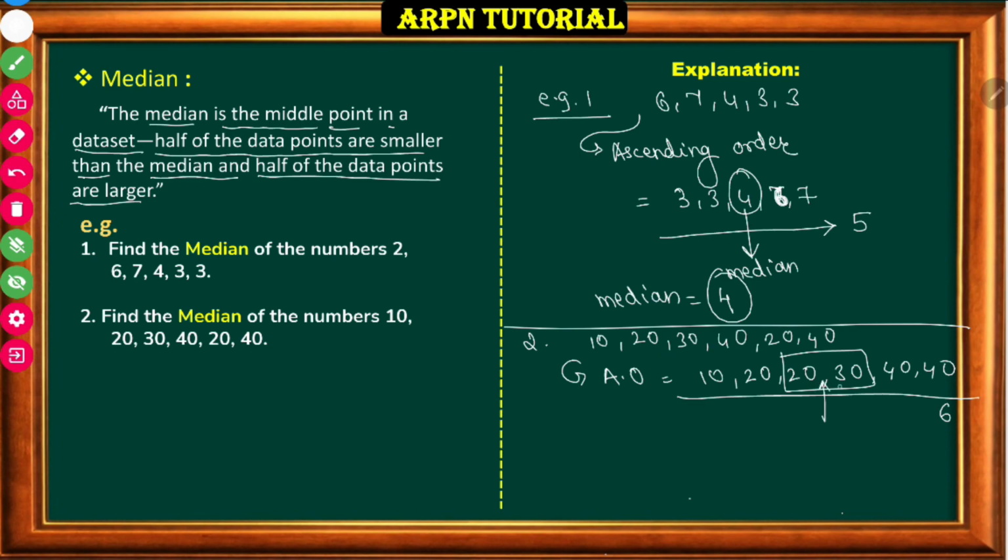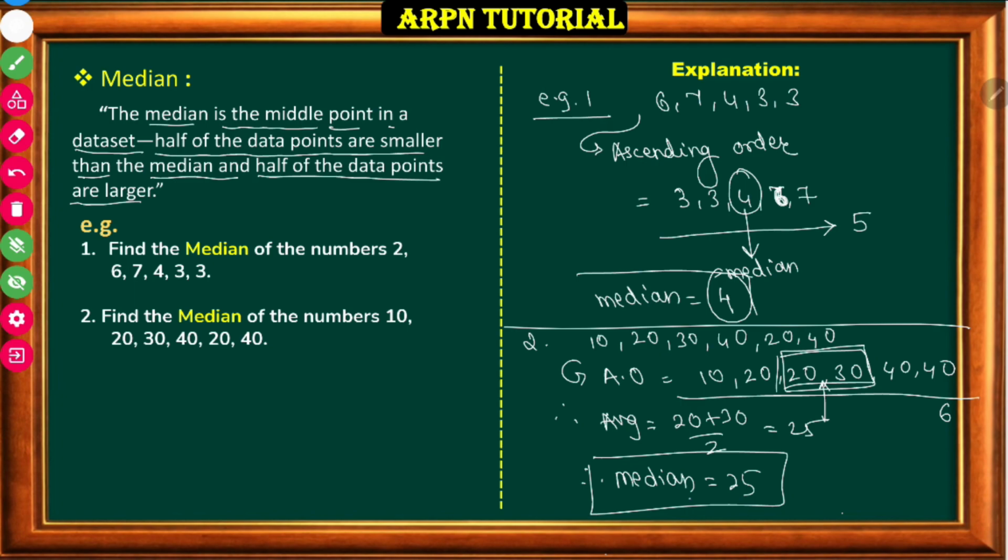Ideally there will be no single center, but if you have 2 values at the center, you have to find the average of them. 20 plus 30 divided by 2 is 25. So median for this is 25. Median for the first is 4. Okay, all right.